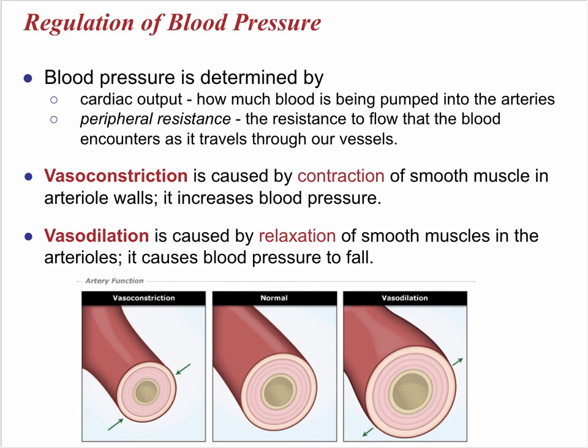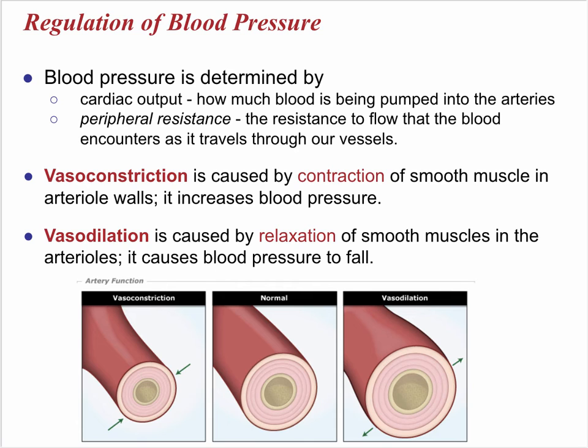Okay, so we've measured blood pressure a little bit, and our blood pressure varies depending on the situation, and we can increase the blood pressure when we need to. Blood pressure is determined by two important factors: the cardiac output, how much blood the heart is pushing out into the arteries, and hopefully that seems sensible.